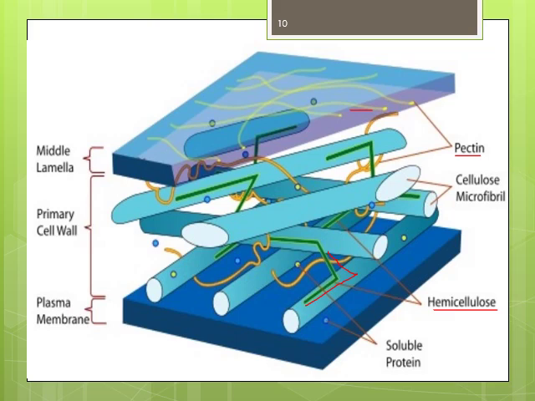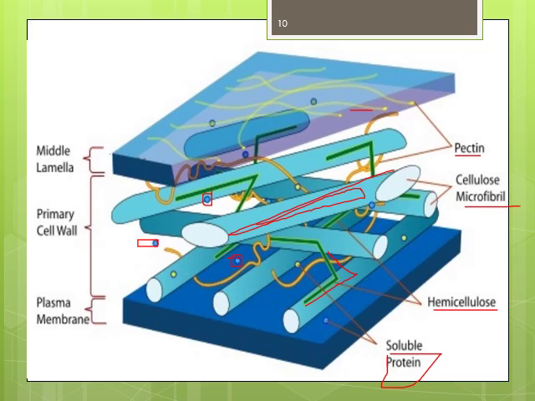The blue colored dots here, here, and here indicate a specific substance, that is soluble proteins, and these rod-shaped structures in sky blue color indicate cellulose microfibrils.